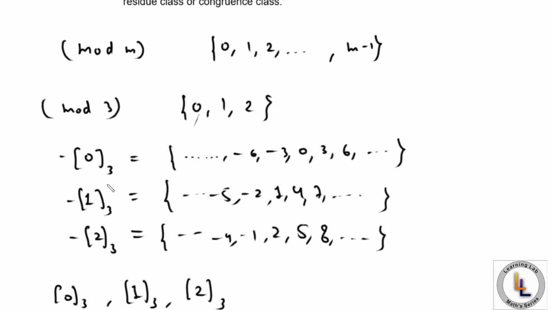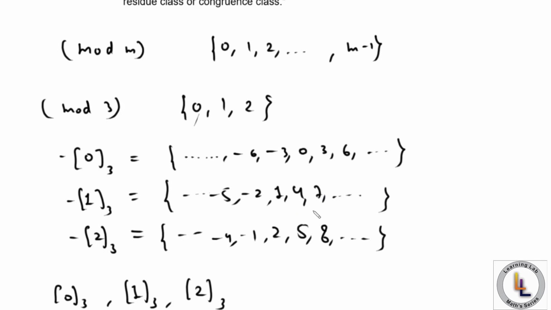The residue class of modulo 3 corresponding to 0 is -6, -3, 0, 3, 6 and so on. Notice that all these numbers are equivalent when we are dealing with mod 3. Similarly, the residue class corresponding to 1 dealing with mod 3 is -5, -2, 1, 4, 7 and so on.